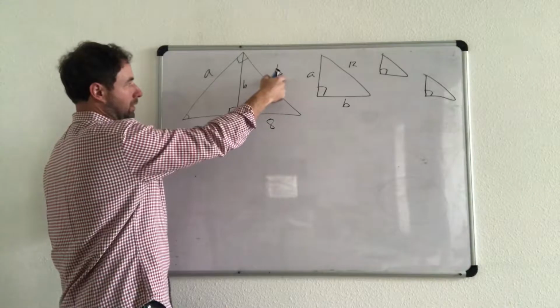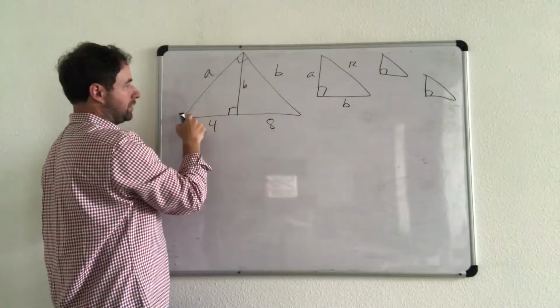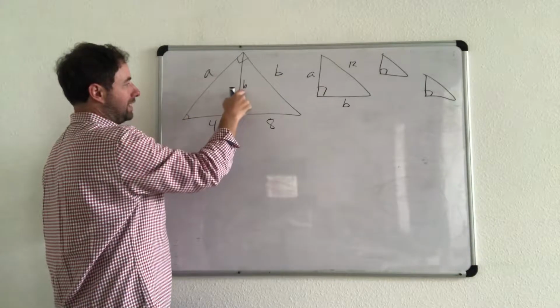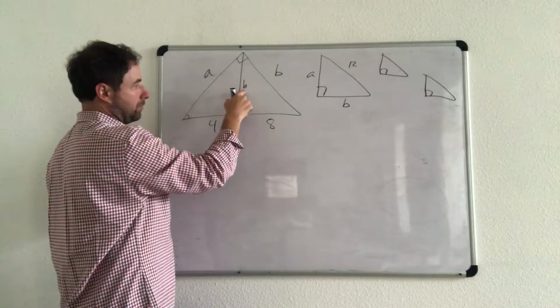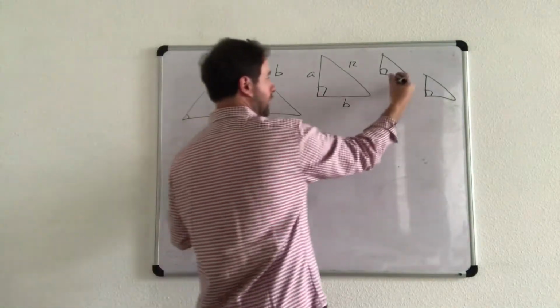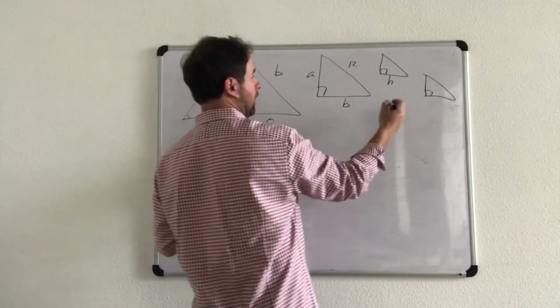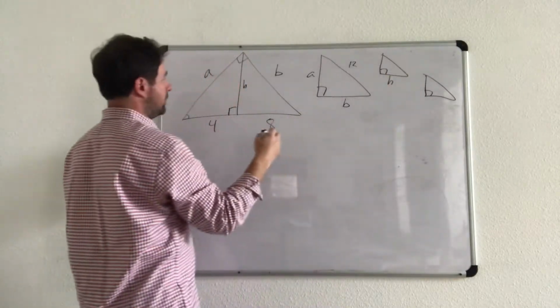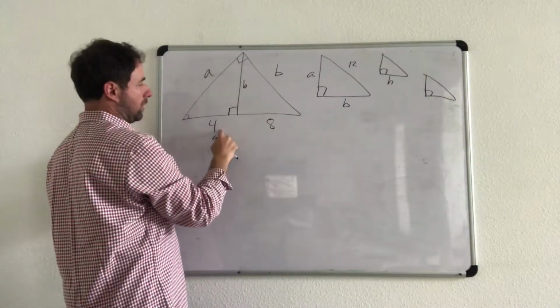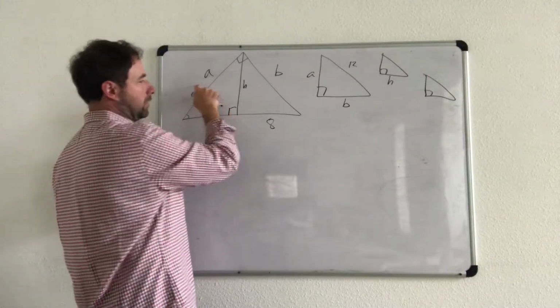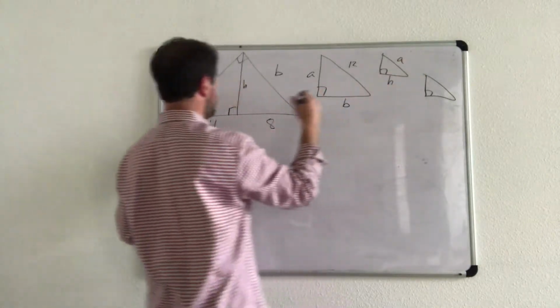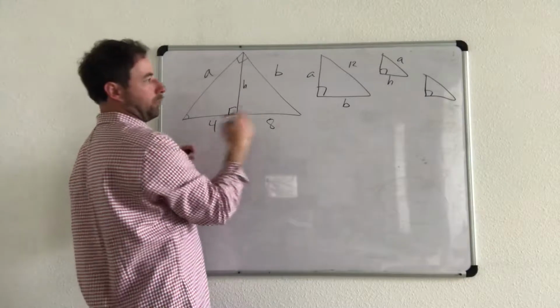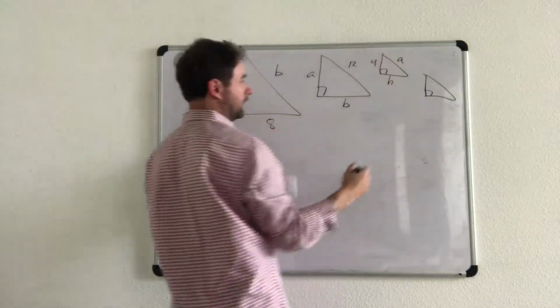So opposite is the B, and then opposite this angle that they share is the H, okay? So if the B is on the bottom on the small triangle, the H has to be on the bottom. It's important that you do that. Opposite the right angle was the 12 on the big one. Opposite the right angle is the A on this little one. And then, of course, you have the 4 left over, and it's going to go right here.